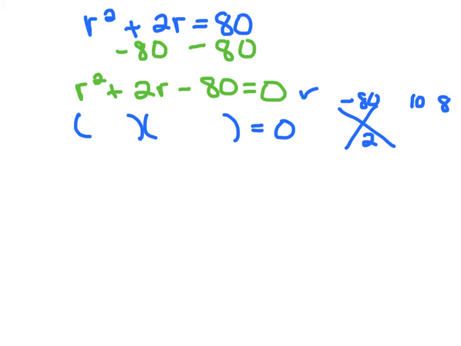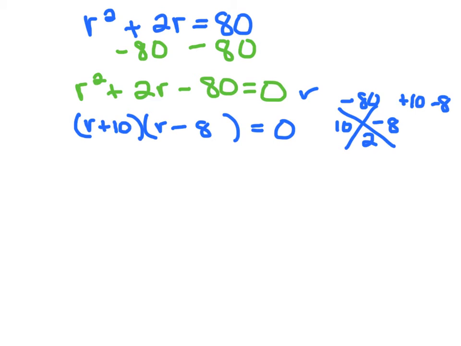So that means I need to have a negative 8 and a positive 10, so that way they subtract to make a positive 2. So 10, negative 8. Multiply them. Yep, it makes negative 80. Subtract them, or basically add them is what we're doing. So 10 and a negative 8 makes a positive 2, so we're winners. So now in our parentheses, we're going to write r plus 10, r minus 8. So that's the factor part.